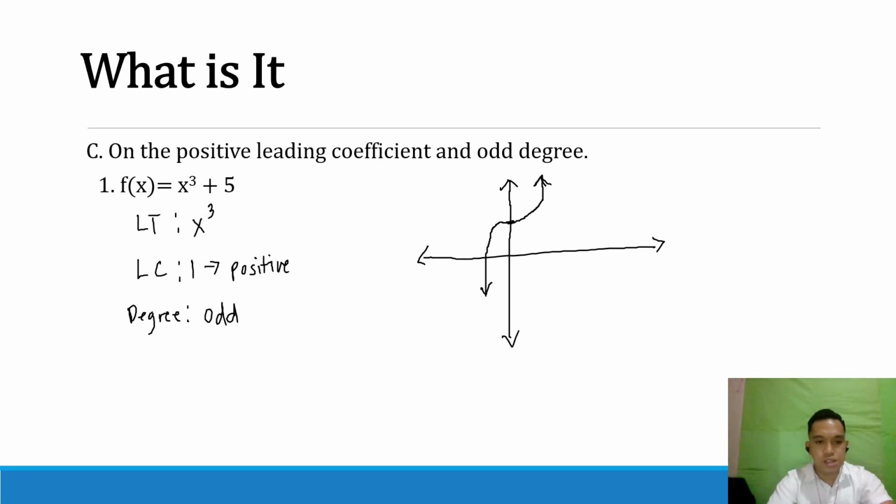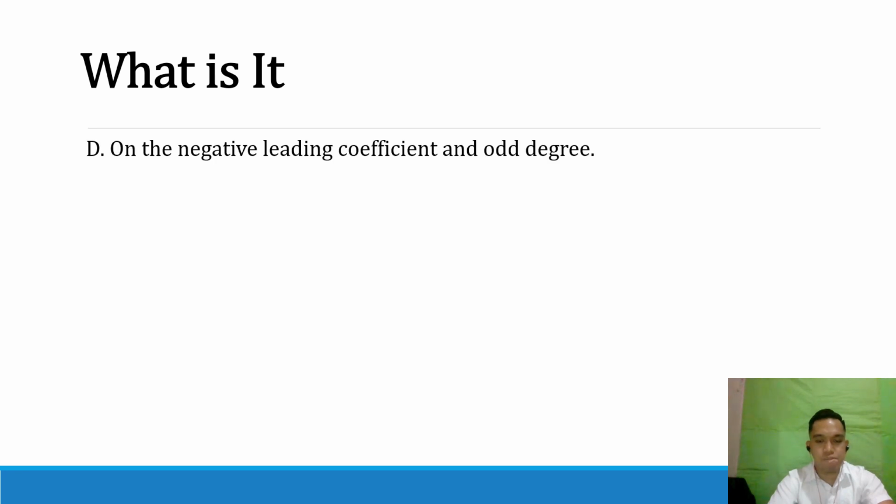Okay, so let's proceed now to letter D. On the negative leading coefficient and odd degree. So we have f of x equals negative x raised to 5 plus x raised to 4 minus 2x cubed plus 1.